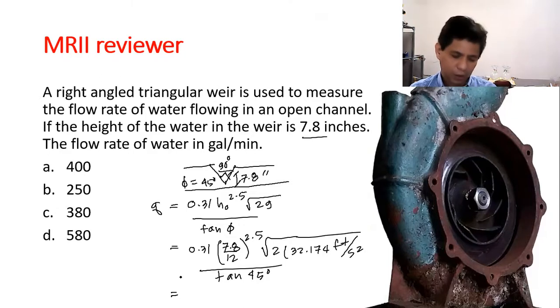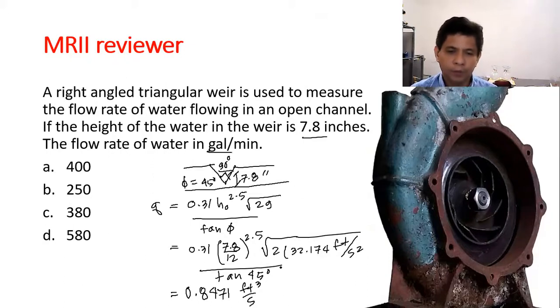You're supposed to get 0.8471, and from our dimensional analysis, this is in cubic feet per second. We need the unit to be gallons per minute.